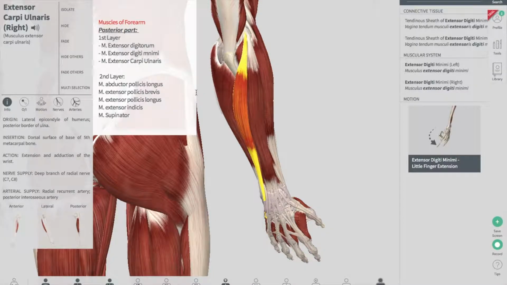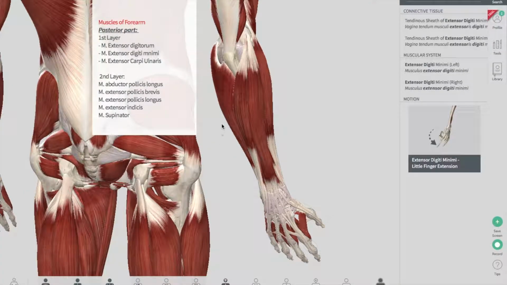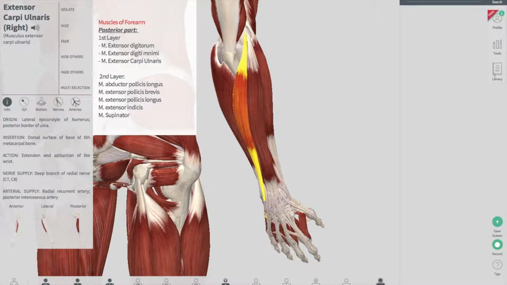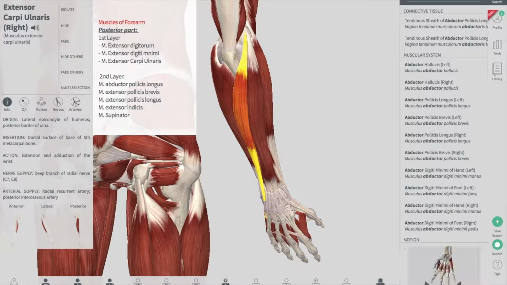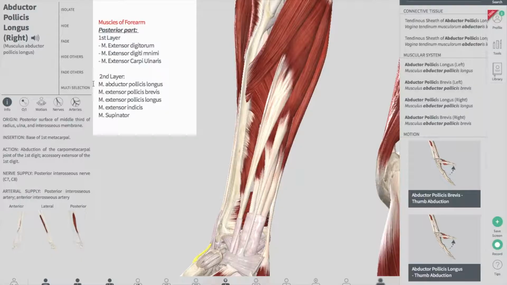And then if we go over to the second layer, we have 5 muscles I'm going to cover. The 5 muscles, let's see if we can highlight them. The abductor pollicis longus. Let's go ahead and search for that one. Abductor pollicis longus of the right hand.